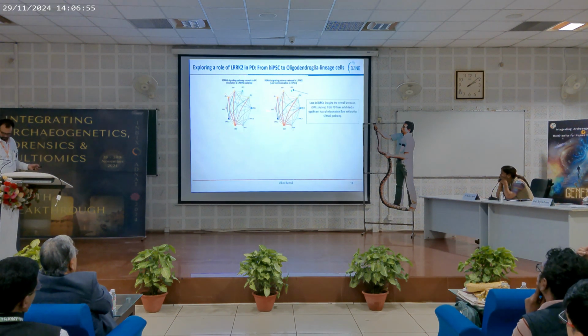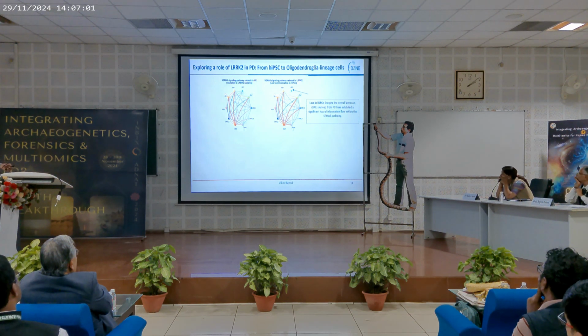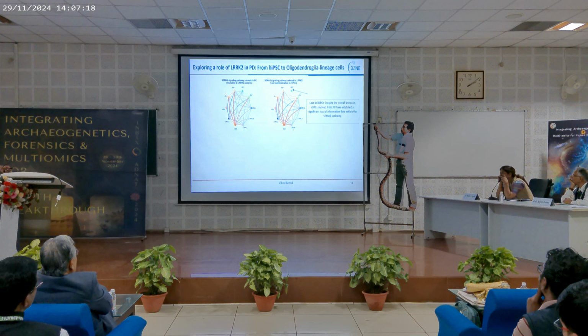Just to show you an example, we took all these cell types, separated by healthy control and LRRK2, and created a network of cell-to-cell communication. To our surprise, in particular in OPCs, we see a reduced connectivity in LRRK2 mutated lines, suggesting that some of these pathways are going really down in LRRK2 mutated lines.